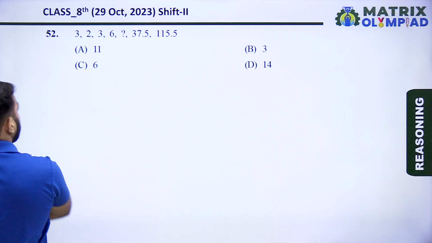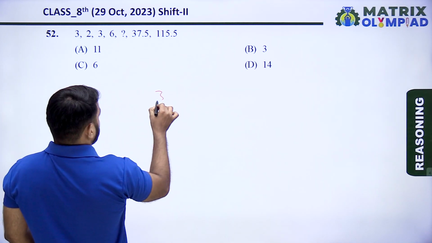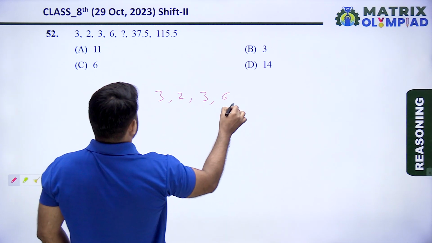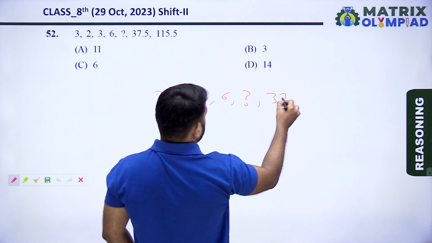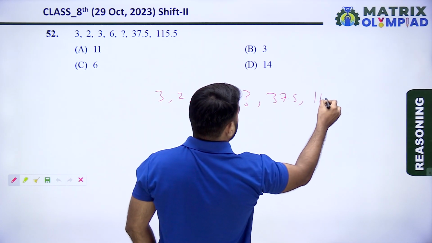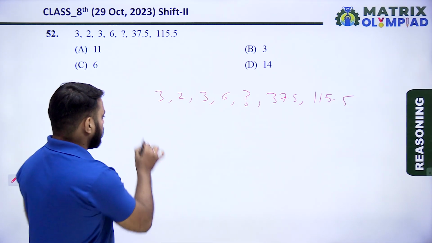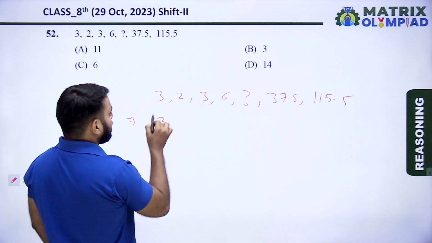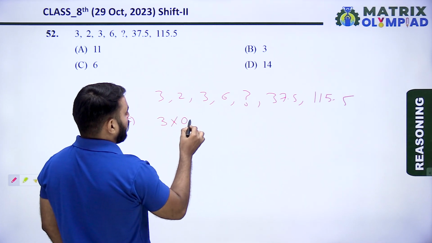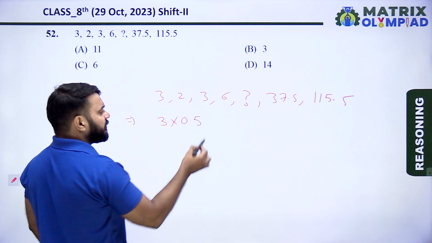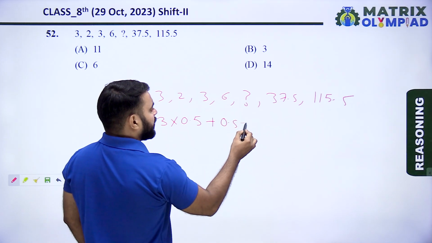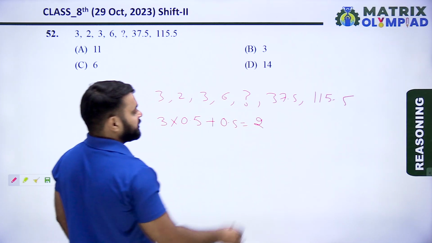The next question's series is 3, 2, 3, 6, missing number, 37.5, 115.5. First, find the pattern of the question. The pattern is 3 multiplied by 0.5, which means 1.5, plus 0.5, which means 2.